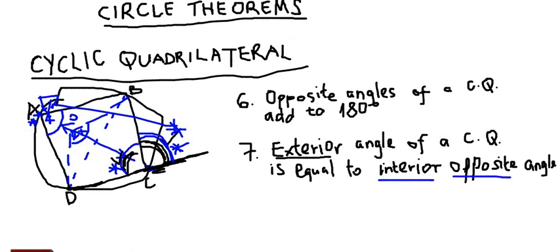So you have an exterior angle to the cyclic quadrilateral, which has an adjacent interior angle, but the one which is opposite that adjacent angle, that opposite angle inside the cyclic quadrilateral, is the same. They are equal. So the exterior angle is always equal to the interior opposite angle, because just like the adjacent interior, they add up to 180. We'll look at an example in our next lesson.